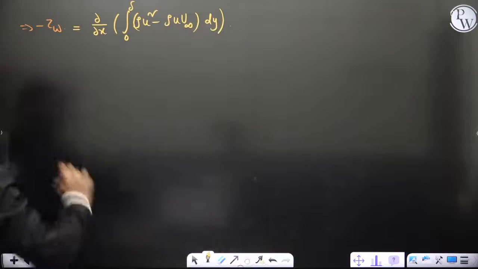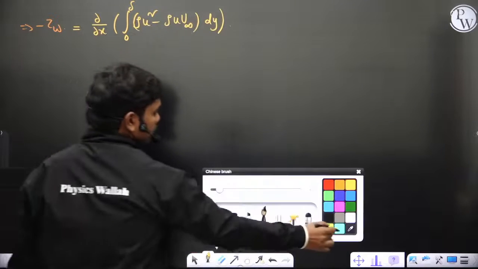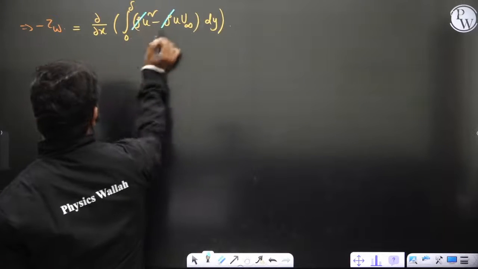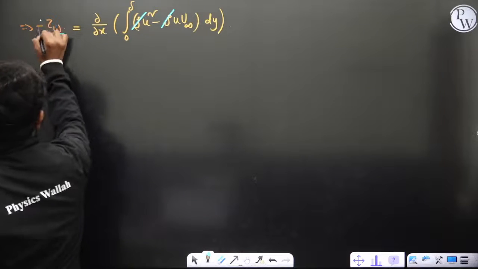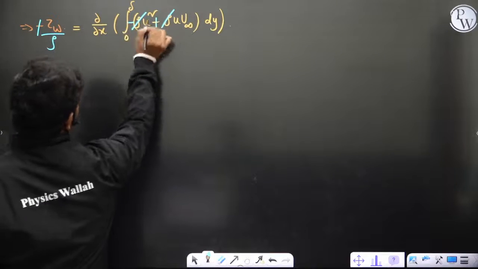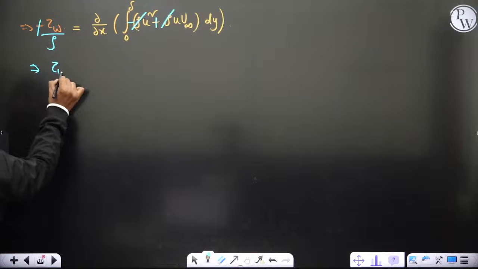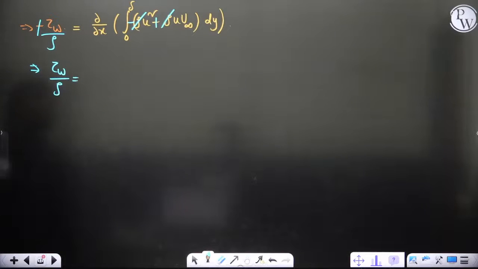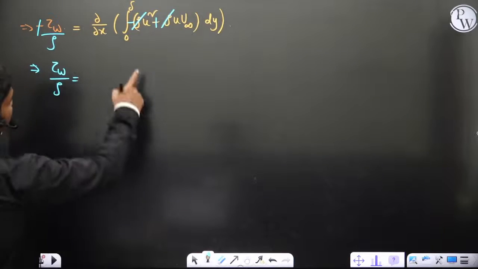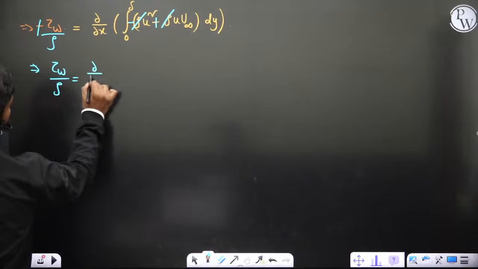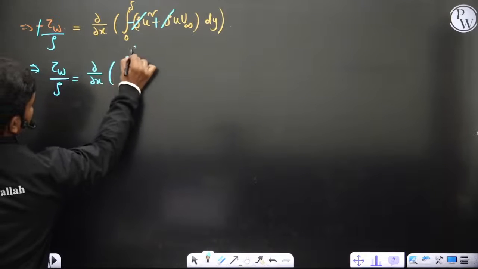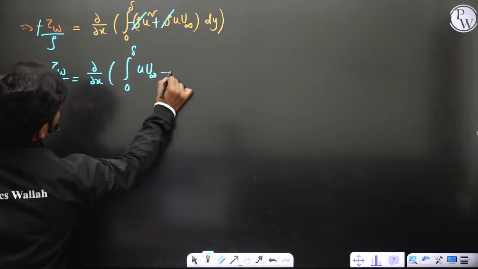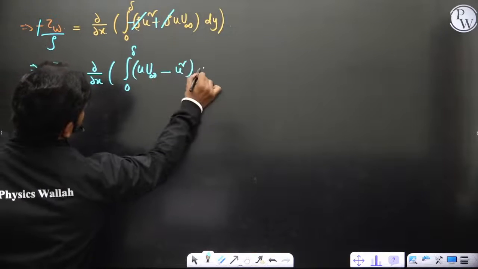Density is constant, so we take it out. Using the minus sign, we put a minus here and plus here. So this gives you tau w by rho is equal to dou by dou x of integral 0 to delta u u infinity minus u square dy.